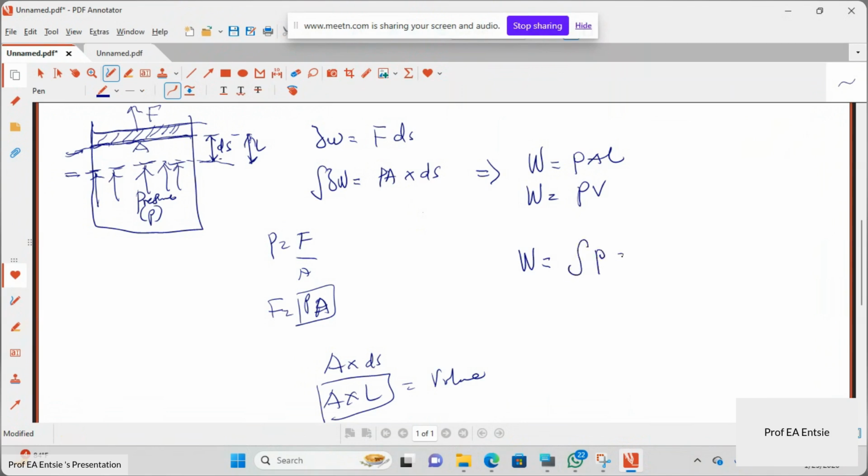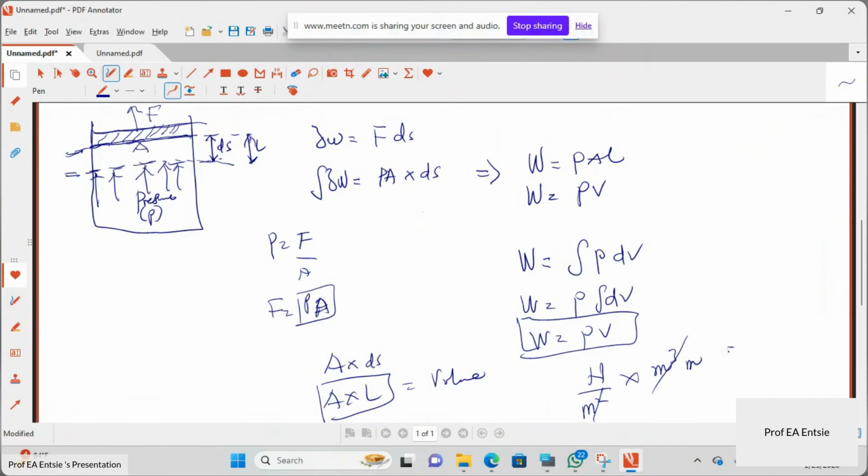So work done is the same as pressure, Newton per meter squared, times volume, meters cubed. Meter squared cancels meters cubed, giving Newton meters. What is the quantity for Newton meters? It's of course energy, which is work done.